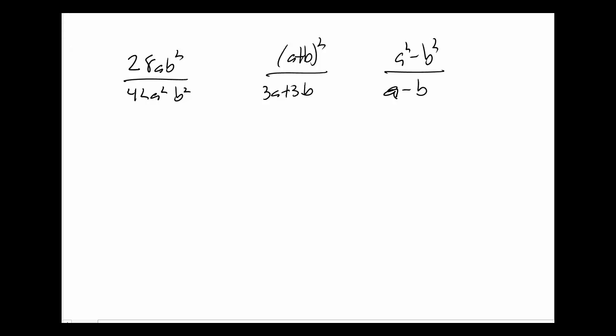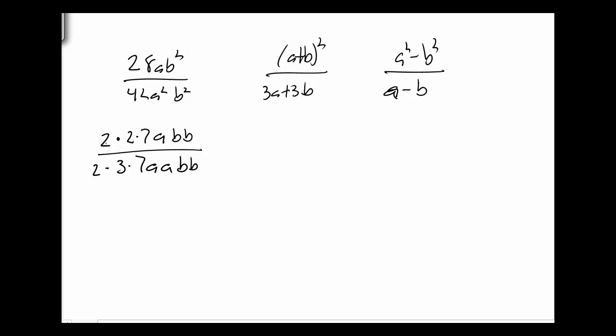Okay, so you're welcome to pause the video and try it for yourself, or we'll work it together. Okay, so for 28, we're going to look at what kind of common factors we can break it up into. So 28, I can do 2 times 14, and 14 is 2 times 7, and that's a times b times b. 42, we could break up into 2 times 21, and 21 is 3 times 7, and a squared is a times a, and b squared is b times b.